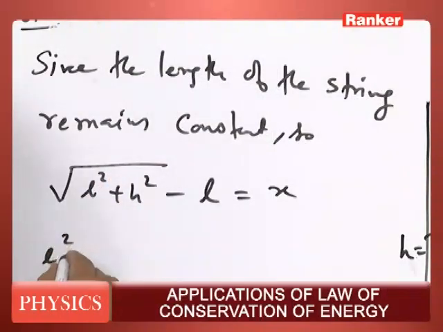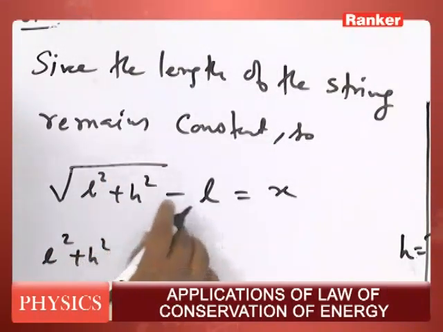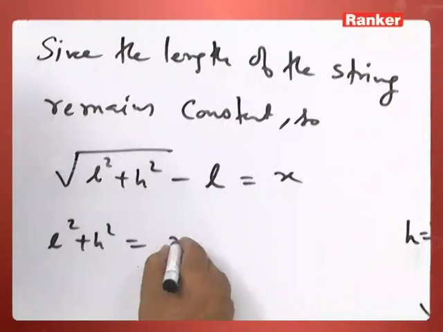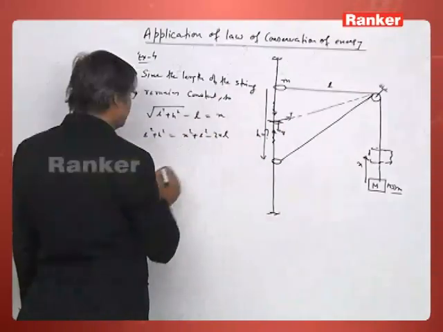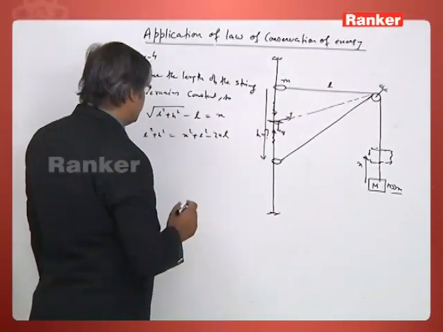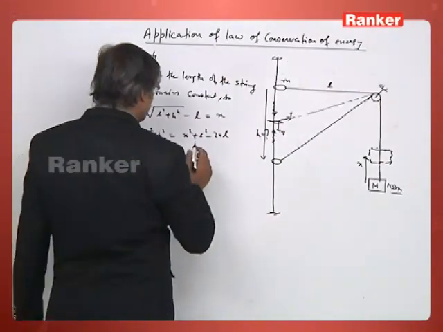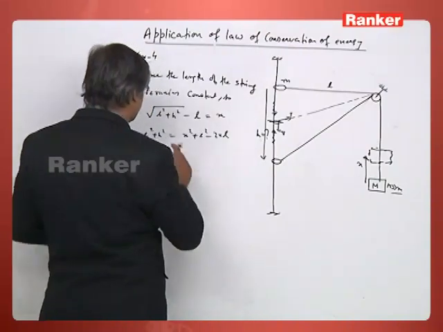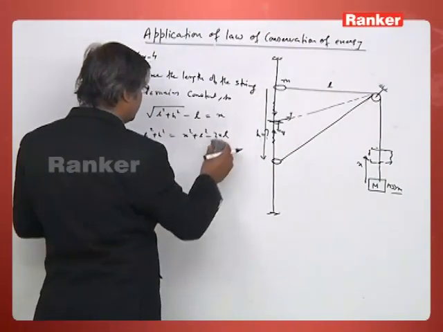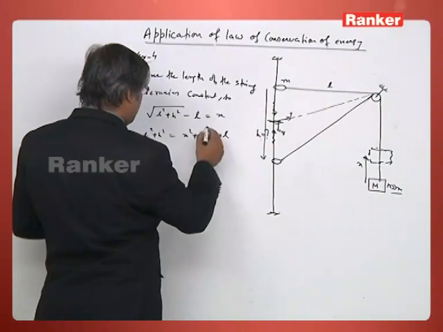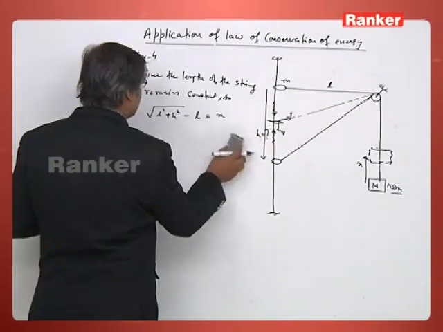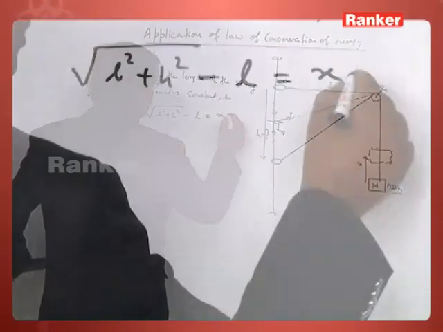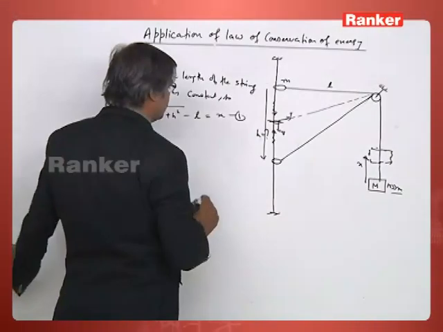So L square plus H square becomes x square plus L square minus 2xL. So L square cancels. So let us just write x equal to this much only. So let this be x only.